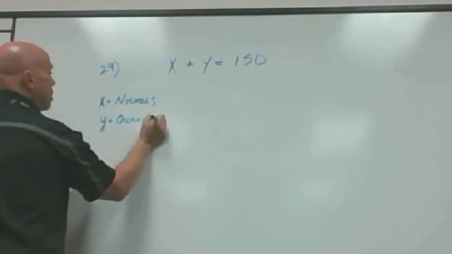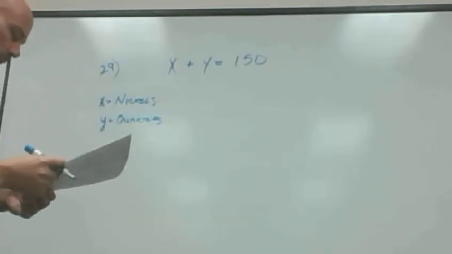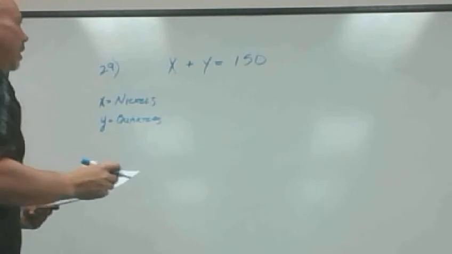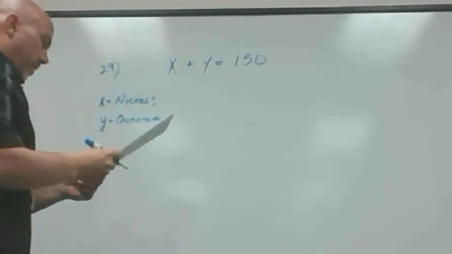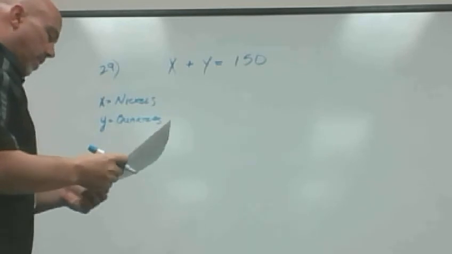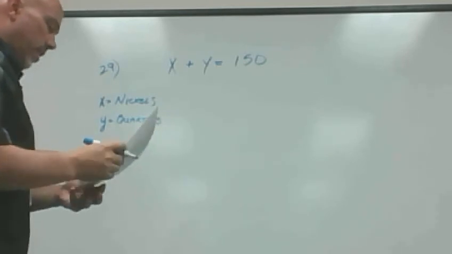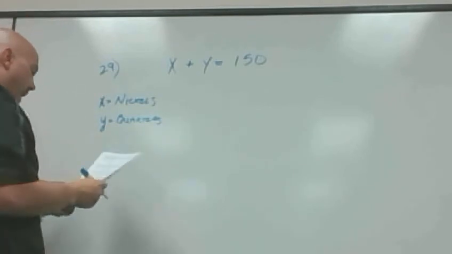And again, as I mentioned earlier, it doesn't matter which you use for which as long as you set up your equations properly. So just simply counting the coins all together, I have 150. But now it also says that after counting the change, she realized that she was $17.50 richer. So it asks how many quarters and nickels did she have?